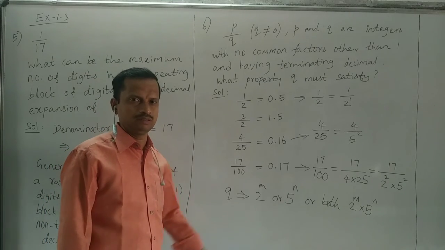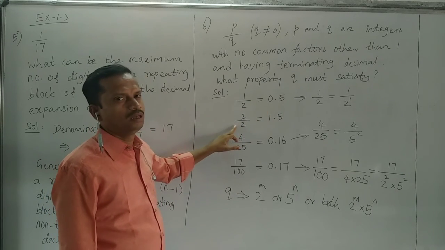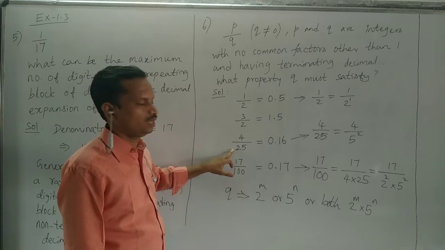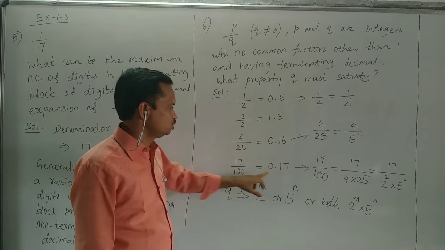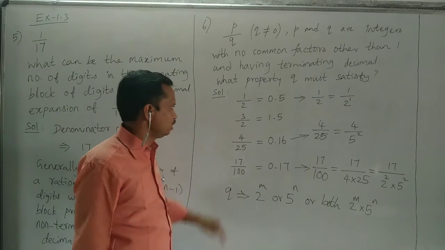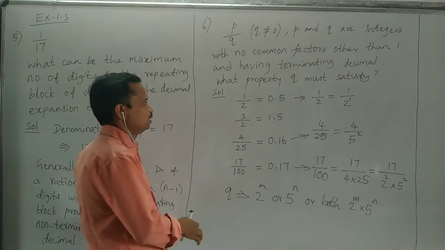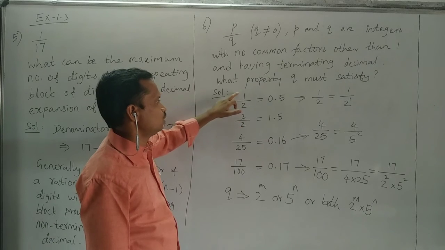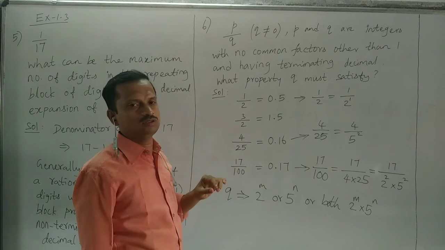Q means the denominator. For example, take 1 by 2, that is 0.5, 3 by 2, 1.5, 4 by 25, 0.16, 17 by 100, 0.17. In all these P by Q form rational numbers, the common factor of P and Q, that means here 1 and 2, and here 3 and 2, the common factor is 1.